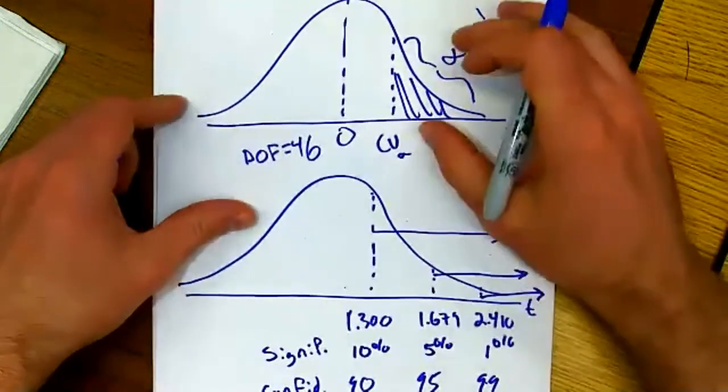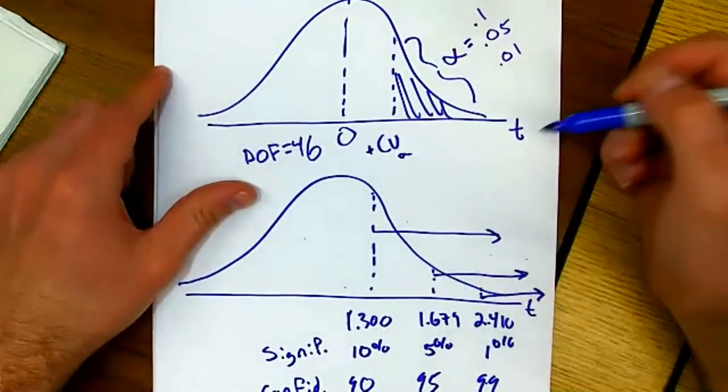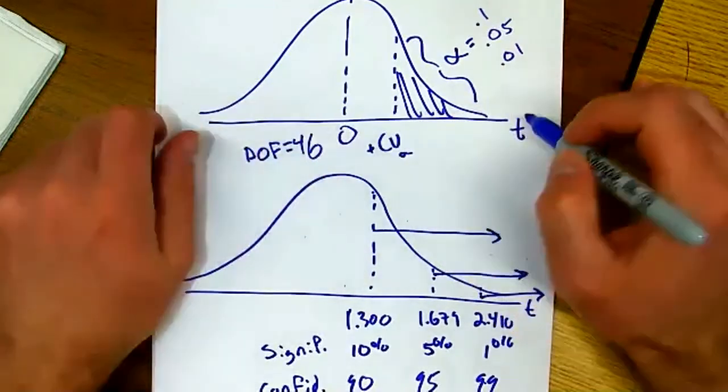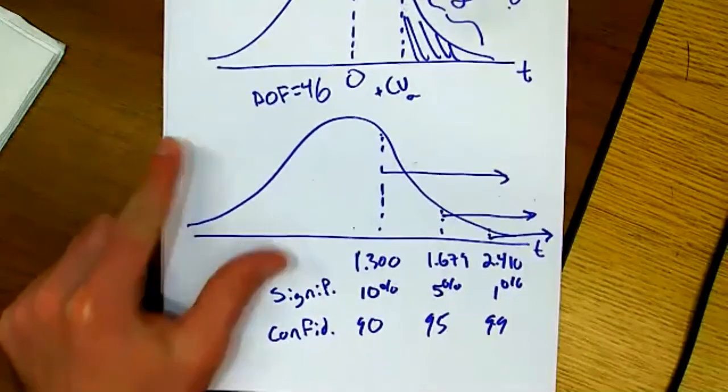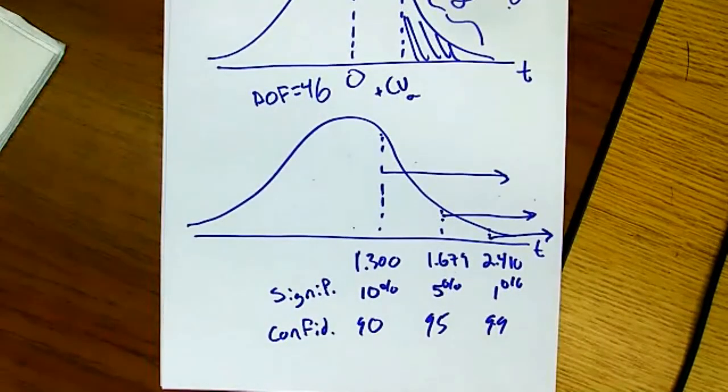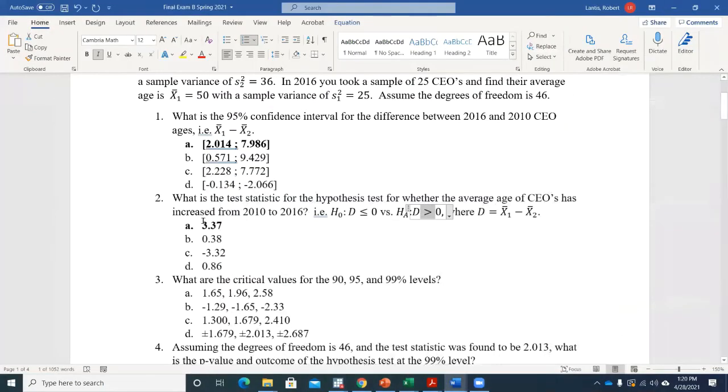So anytime I have a right-tailed test, my critical values will be positive, left-tailed test negative, two-tailed will have pairs. So when I was looking at those potential answers, even though I looked the values up, I could have ruled out B and D right away. I know it's either going to be A or C. We identified that it was, in fact, C.